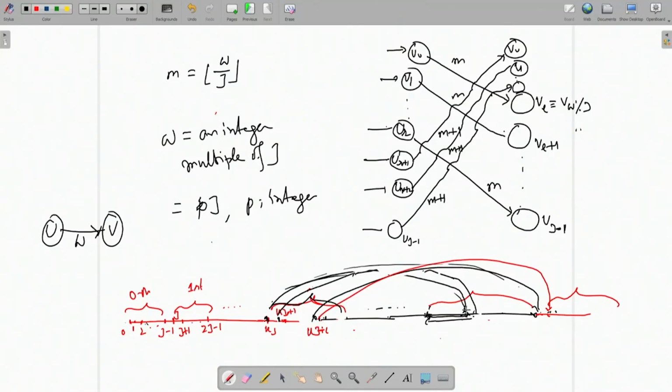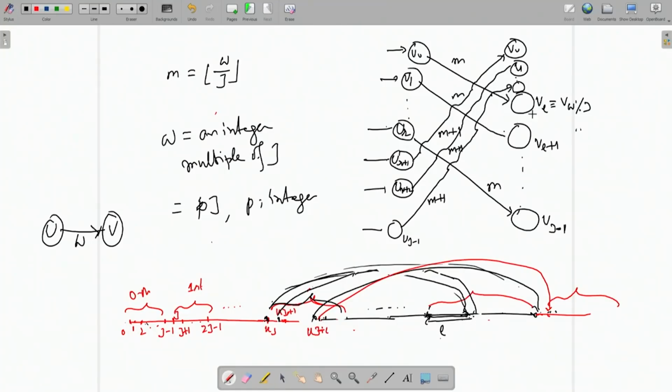So, after some system cycle delay, if you divide I plus W, I is 0 here, it is kj plus 0, not kj plus I. So, W by j, and then take the quotient, that is called m. So, after m cycles, you have to move to the right by m cycles, and from here if you go, you are hitting this fellow, this is L.